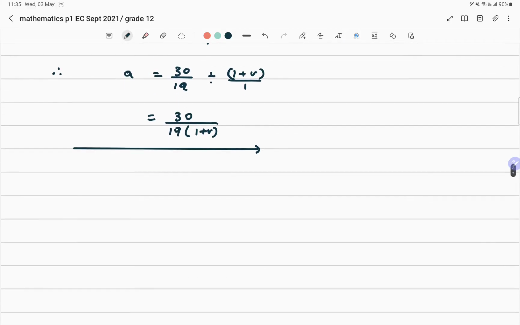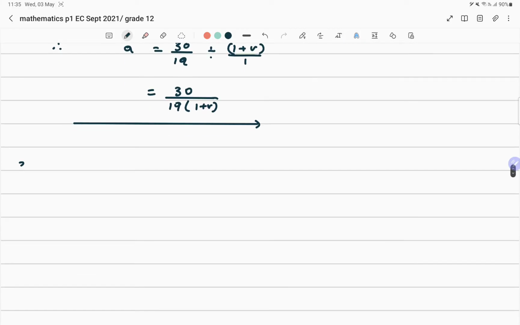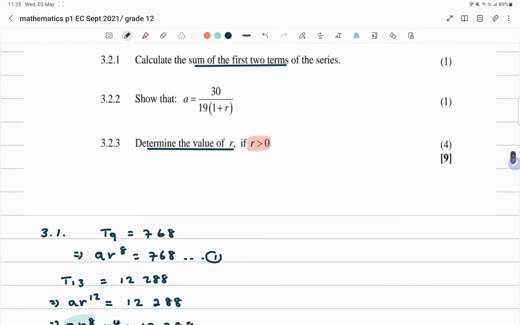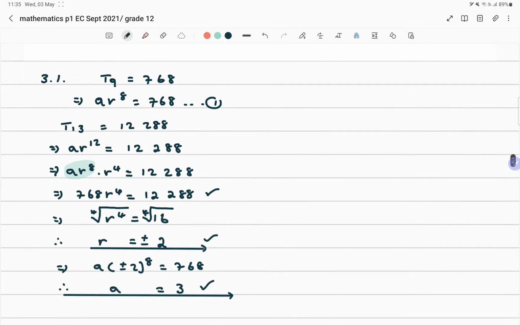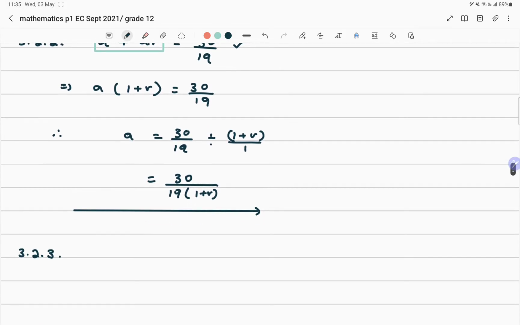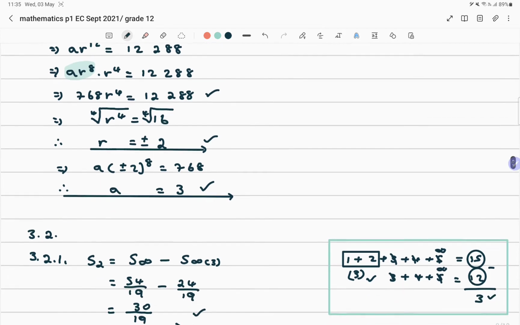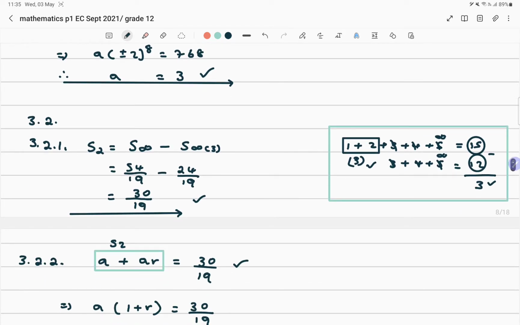So this is 3.2.3. Okay, yes. So now let's think about it. What do we want, folks? We want to solve for the value of r.